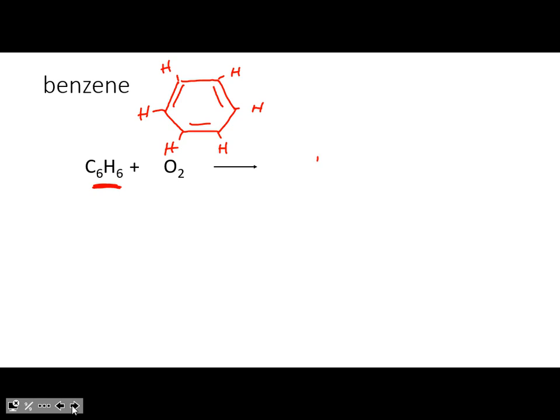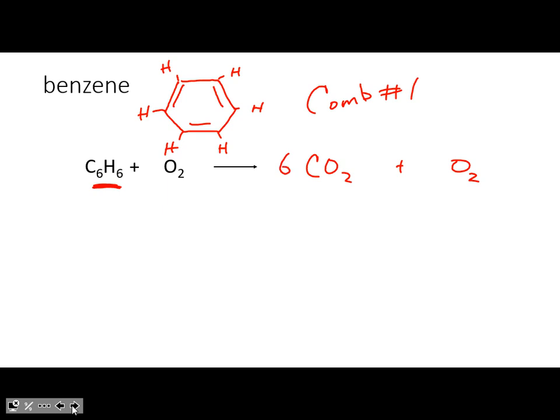Once again, our combustion reaction is going to give us carbon dioxide. It's going to give us water. I haven't been putting this, so let's make sure we do this. We note that it's a combustion number 1, because that's the only combustion that we have. Once again, we're going to just start out by balancing our carbons.